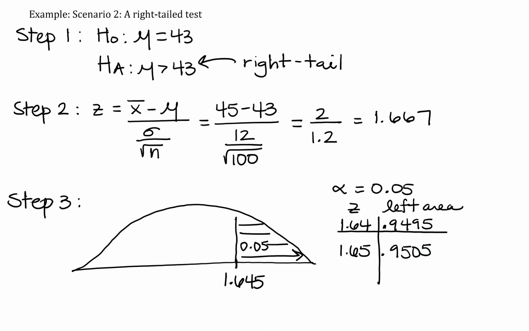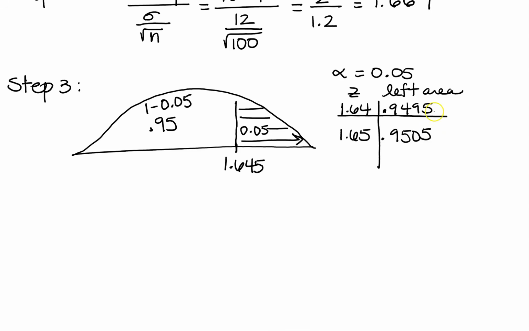We're looking for a left area of 0.95. That's coming from 1 minus 0.05, since the total area under the curve is 1. And so to find what our critical value is, since both of these values are equidistant from 0.95, we would average them together. So adding 1.64 and 1.65 and dividing by 2 gives us a positive 1.645.